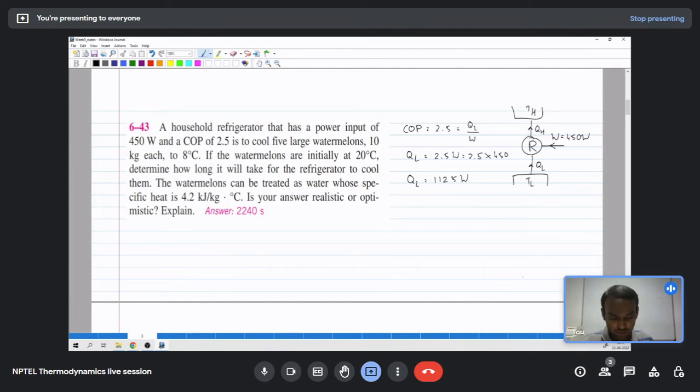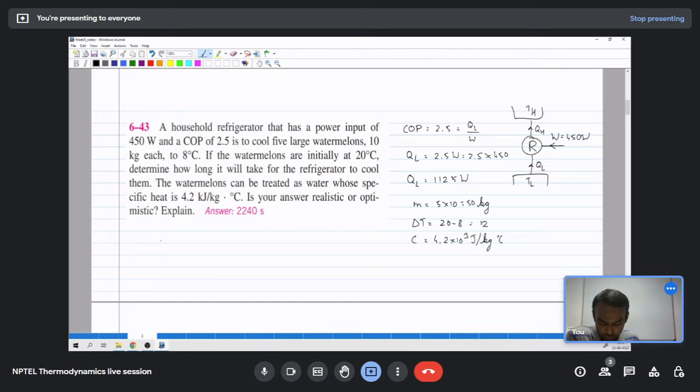Now this is to cool 5 large watermelons, 10 kg each. So mass of the total system is 5 into 10, which is 50 kg, and delta T is 20 minus 8, which is 12 degrees Celsius, which has to be cooled down. And how long it will take, C is given as 4.2 into 10 power 3 joule per kg degree Celsius.